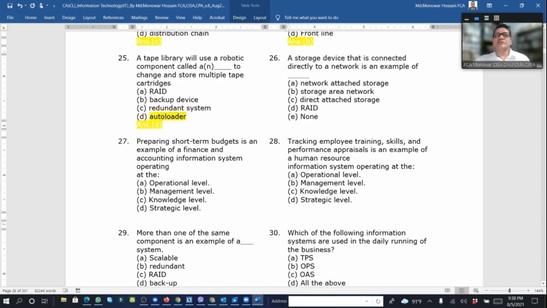A storage device that is connected directly to a network is an example of what? Storage area network. Here it says network attached storage.